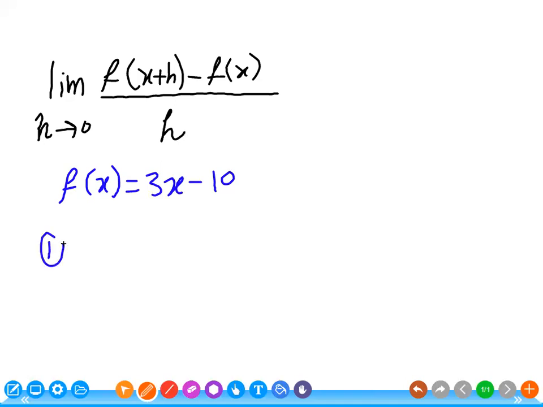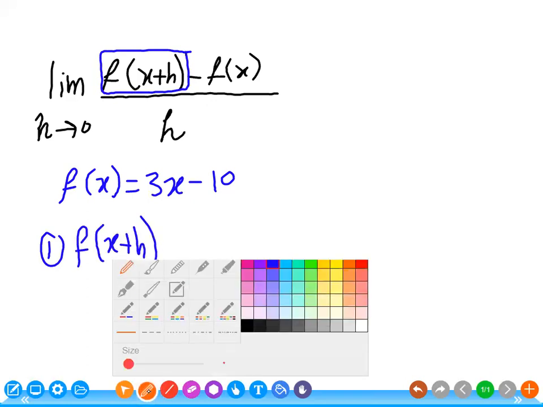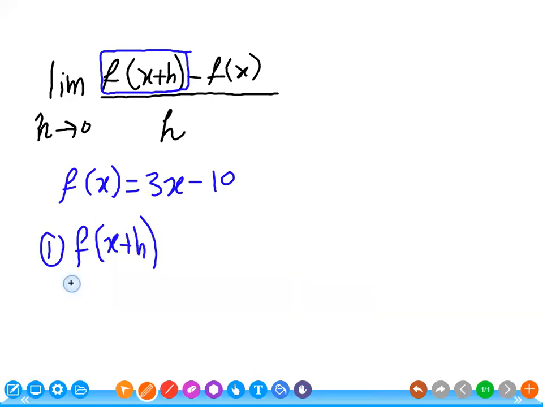Now, step 1, you have to find f of x plus h. That means you replace each x in f of x by x plus h. Whatever you have between parentheses, you have to replace it instead of x. So here we have x plus h, and we are going to replace it instead of x.